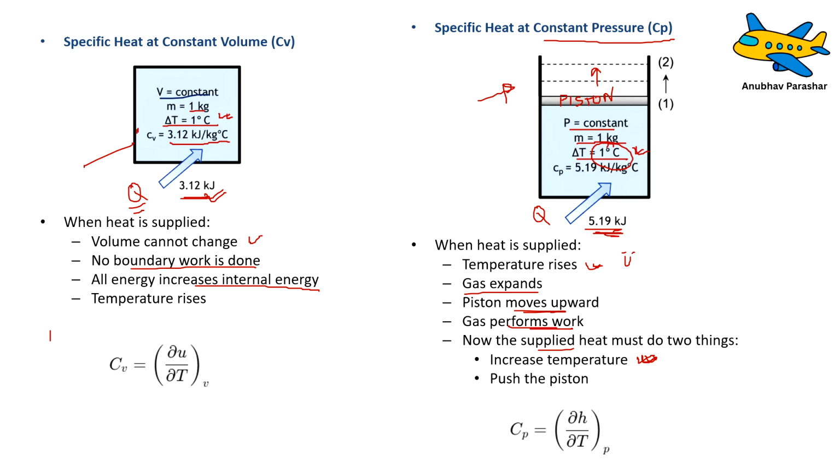Mathematically, we can write CV as change in internal energy by dT at constant volume, and mathematically we can say Cp is equal to ΔH. ΔH means enthalpy. What is H? We are going to learn about enthalpy in some time.